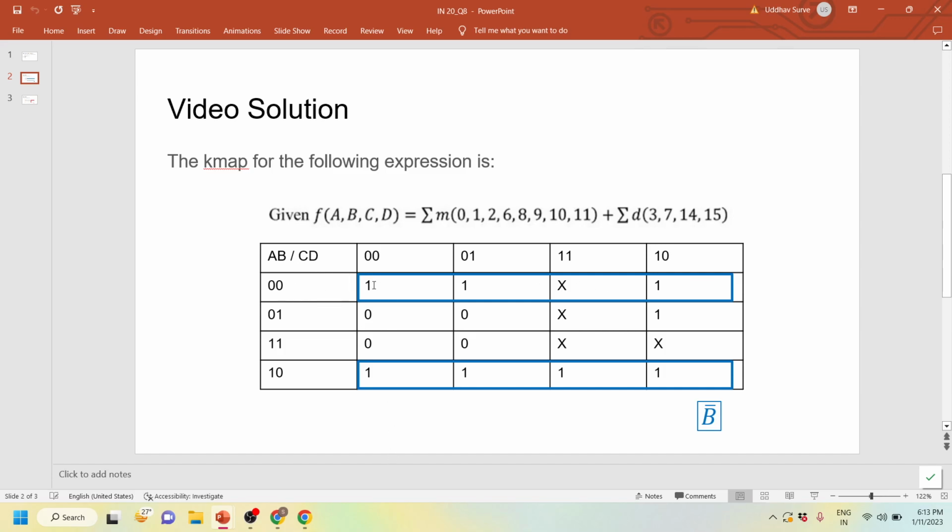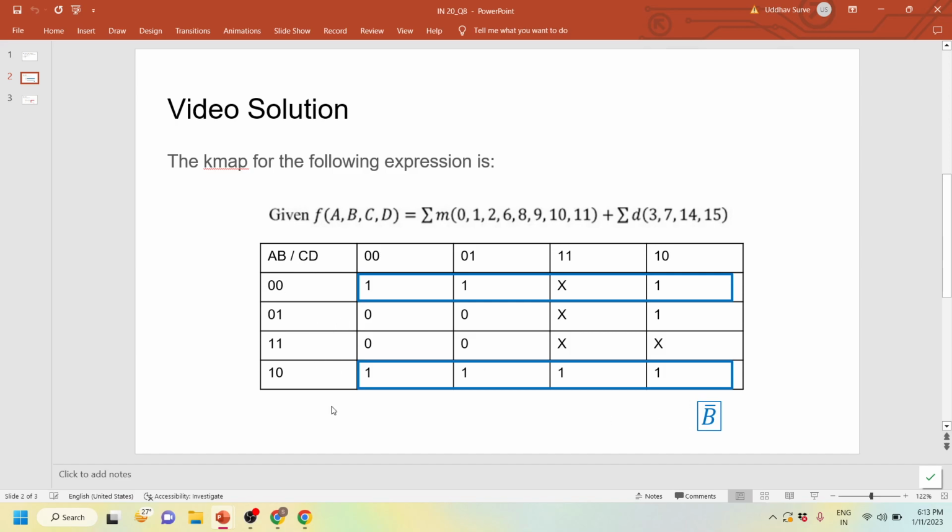If we combine them, we get 8 ones simultaneously, and they follow the logic 1 when B is 0. They don't depend on A, whether A is 0 or 1, and they don't depend on C and D either. They are 1 irrespective of C and D, only when B is 0. So they will follow the logic B bar.